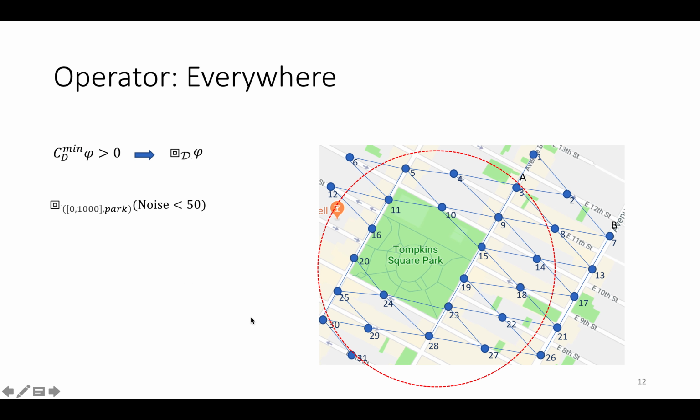And using this counting operator, we can derive another two operators. The first one is everywhere. This everywhere operator is basically when the min of this counting operation is larger than 0, which means within this range all the nodes should satisfy the requirement.